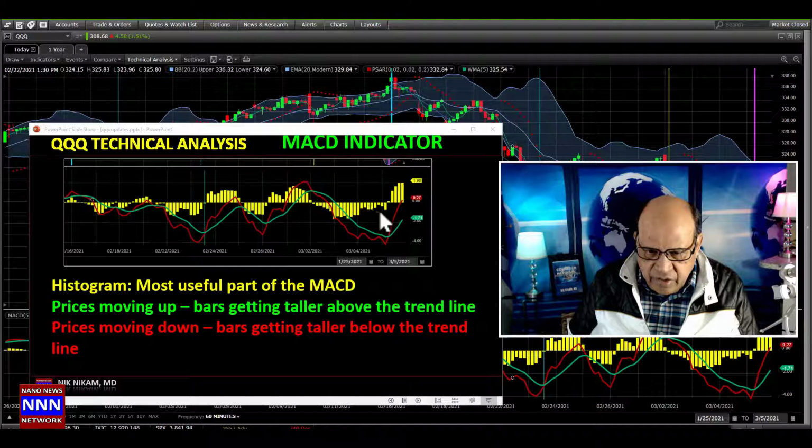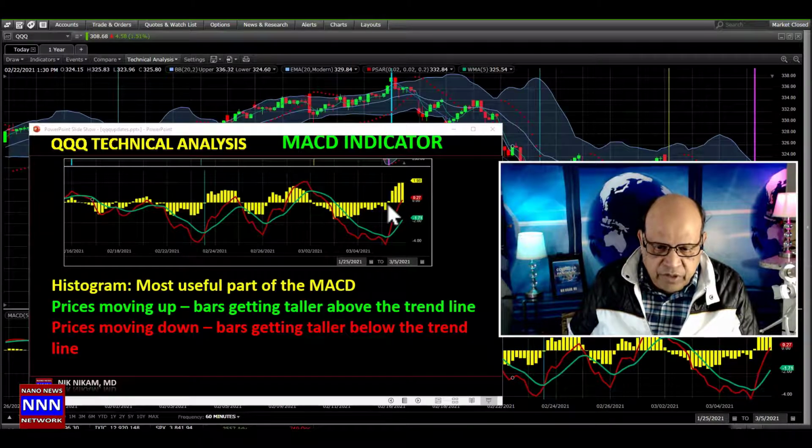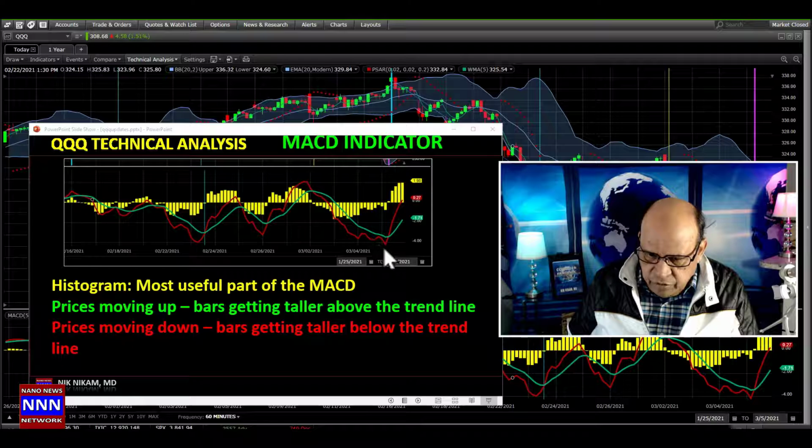And when it is turning over, that is a very crucial point. As you can see, when the bars turn from downward swing to upward swing, we also see a corresponding change in the moving averages. The short period moving average moves above the slow moving average, and this is the crossover point.